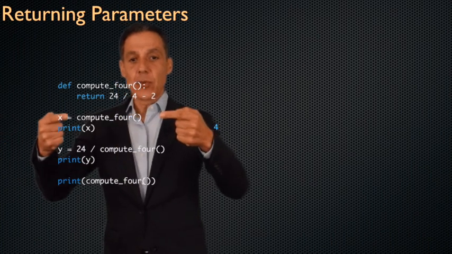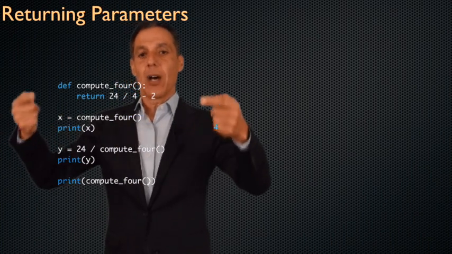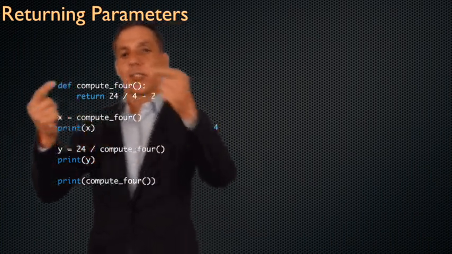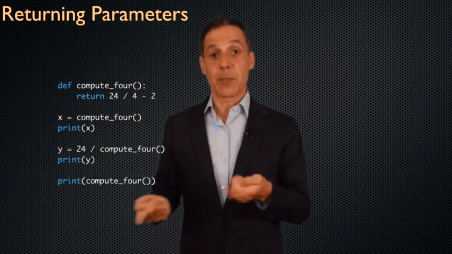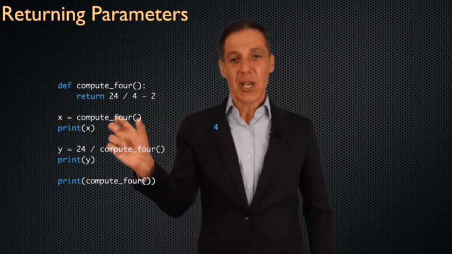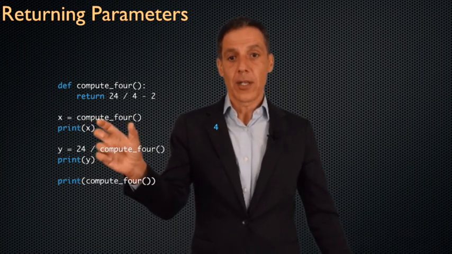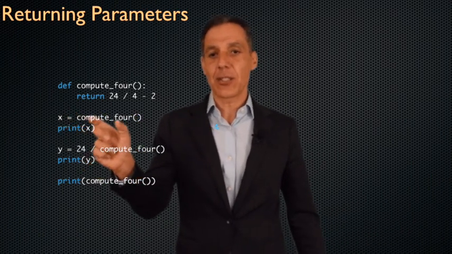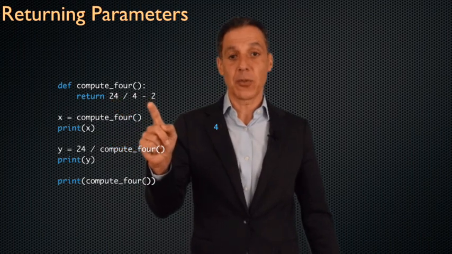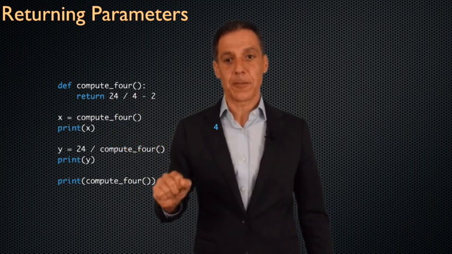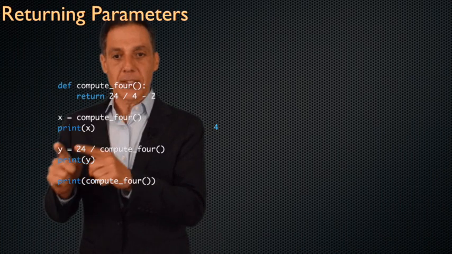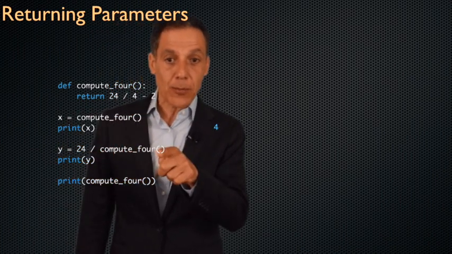Now, that's using the returned value of the function compute4 to shove it into a variable. I can use it as part of a calculation. This essentially becomes synonymous with the number 4. It's as if I had said here x is equal to 24 divided by 4 minus 2, because that is what is being returned. So for example, I can say y is equal to 24 divided by compute4.